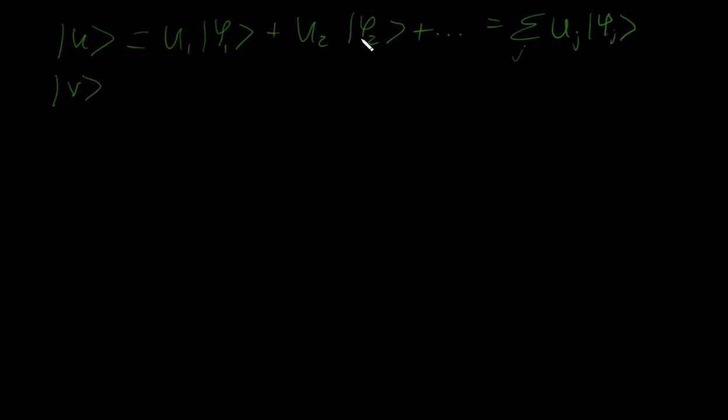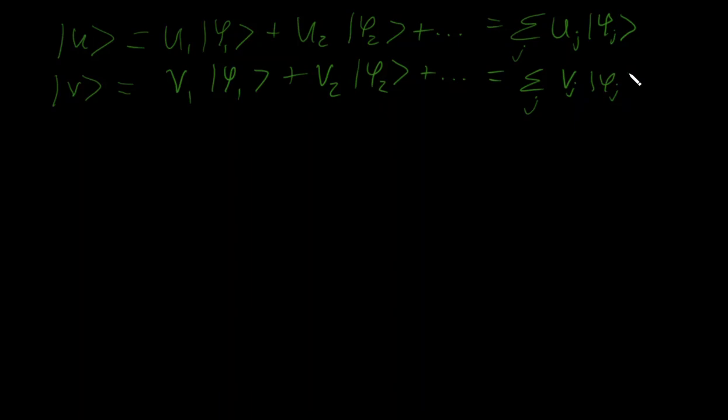You can see that j is no longer in this. It's called a dummy variable, or dummy index, that we're just summing over. Same thing with v: v1 phi 1 plus v2 phi 2 plus dot dot dot, the sum over all j of v sub j phi sub j.